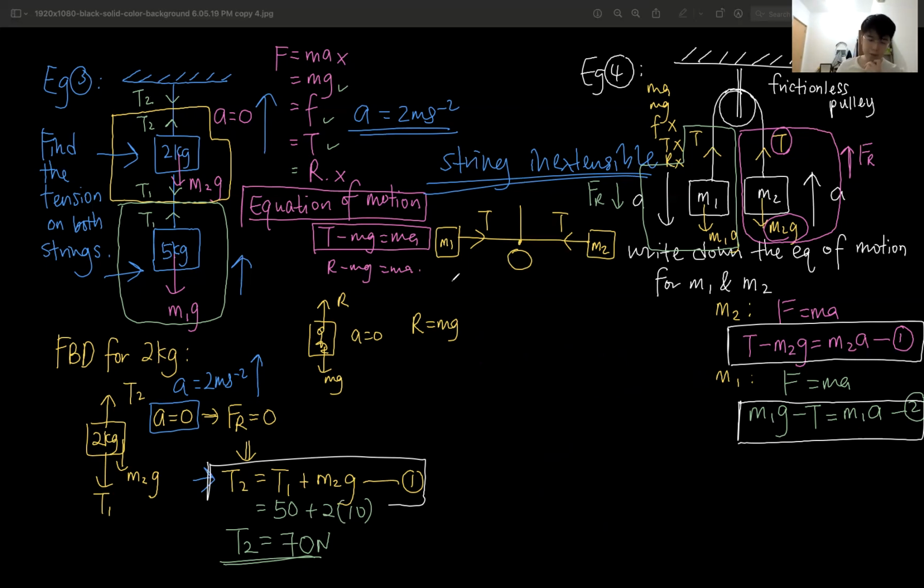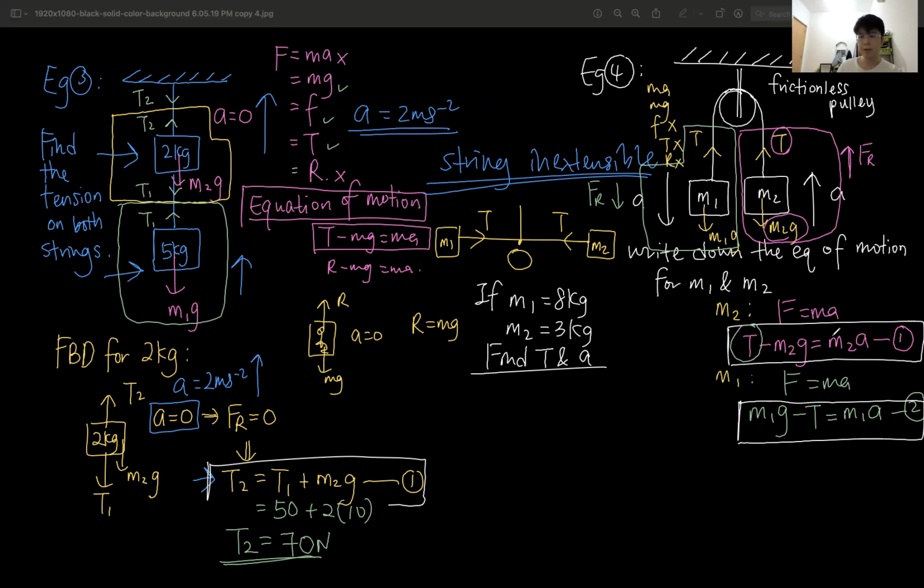So let's say you want to solve it given that M1 equals 8 kg and M2 equals 3 kg. Find the tension and find the acceleration. You have two equations, right? How many unknowns? T is an unknown, and A is also an unknown.